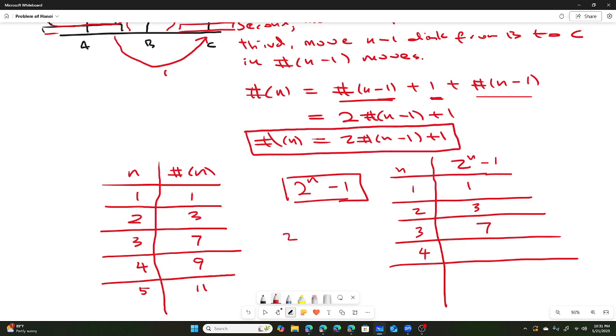This is going to be 2 times 2 times 2 times 2. 2 times 2 is 4, 4 times 2 is 8, 8 times 2 is 16. So 16.